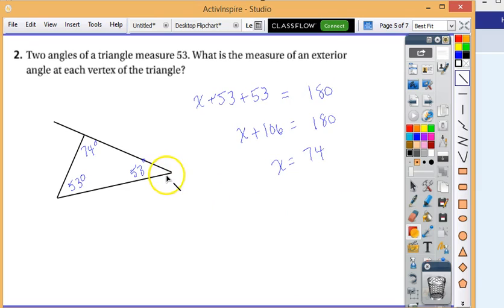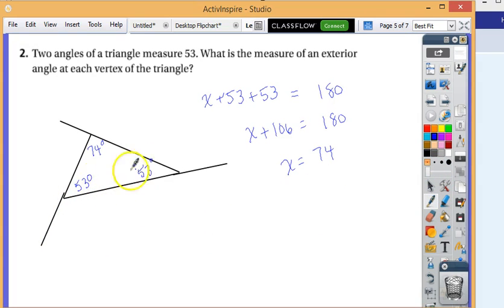So not only do I want to find just one exterior angle with these two as remote angles, but I want to find all of them. So how am I going to find this one? What are the remote interior angles to that angle? 53 and 53. It would be 106. So this would be 106.